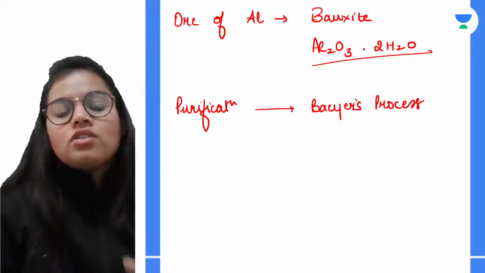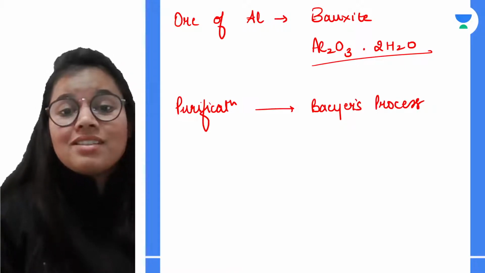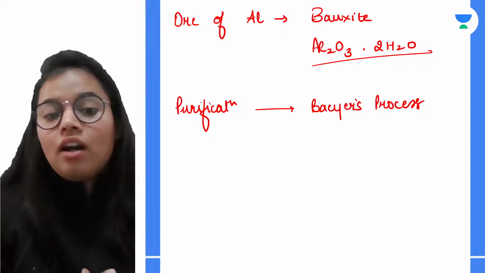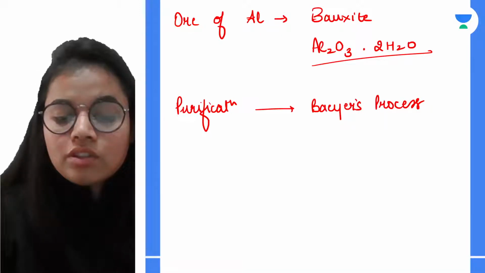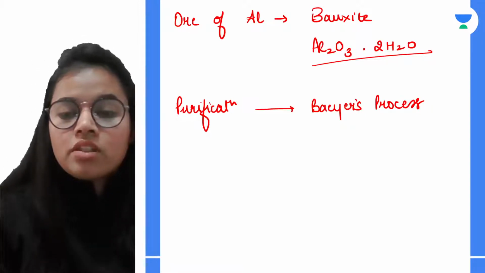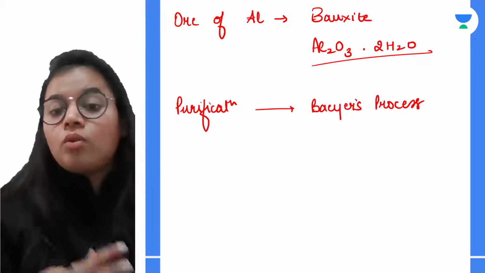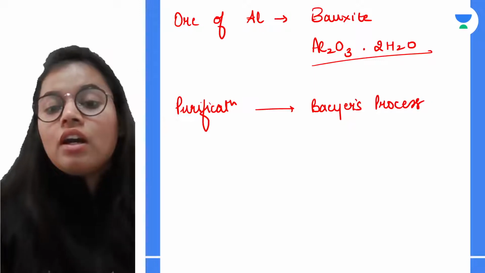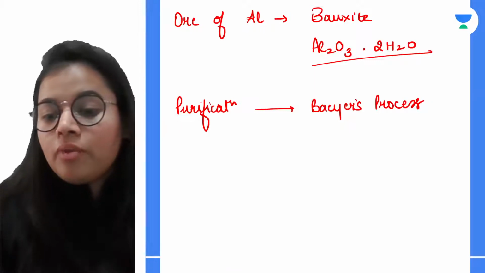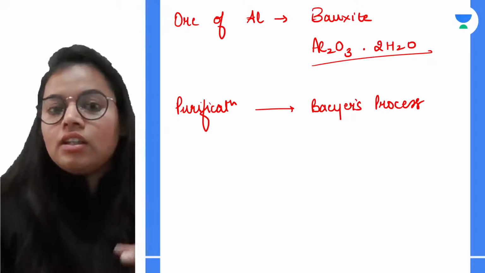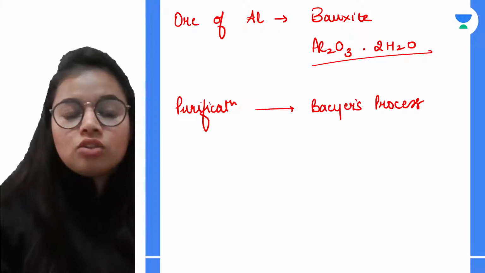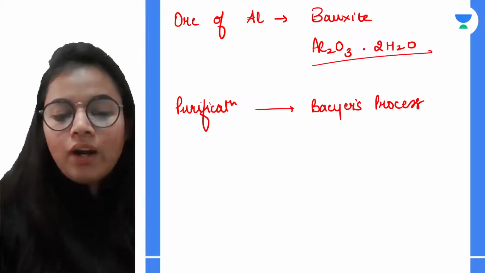So you could be asked some direct questions here, such as: explain the steps going on in Hall-Heroult's process, or explain the steps of Bayer's process, or what are the reactions happening at the cathode, what are the reactions happening at the anode. These are the things that you could be asked. So kindly be careful and just go through the topics once.